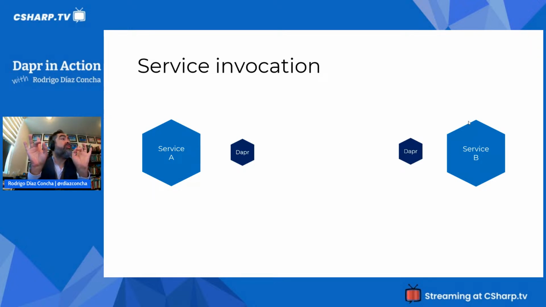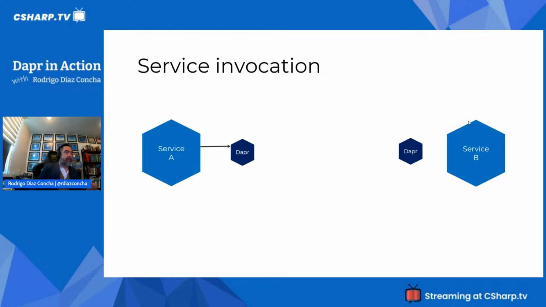So that's why you use the sidecars for communicating directly. In other words, you don't communicate between service A and service B. You say to your own Dapr sidecar, hey, Dapr, I want to communicate to service B. Go and do that. Okay? You're commanding the Dapr sidecar to do it for you.